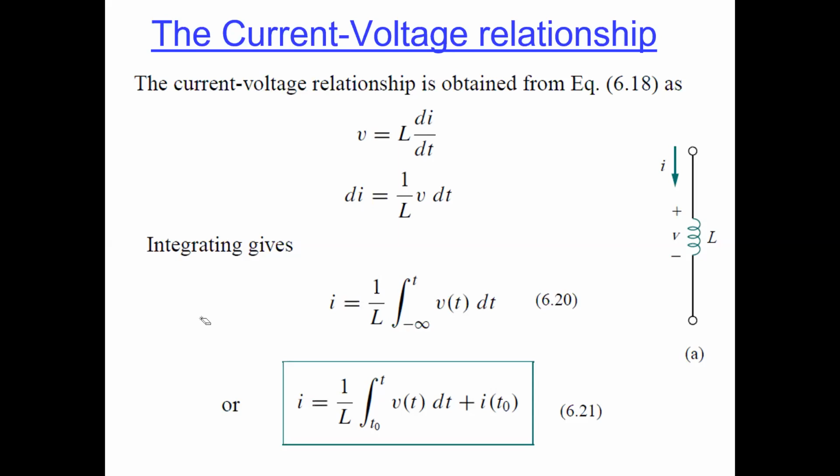Next, we can resolve this interval into two intervals: minus infinity to t should be equal to minus infinity to t plus, or you can say just before performing the experiment, plus t plus to t, and we have to put dt over here and over here as well.